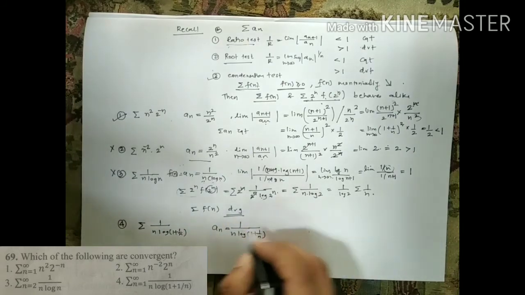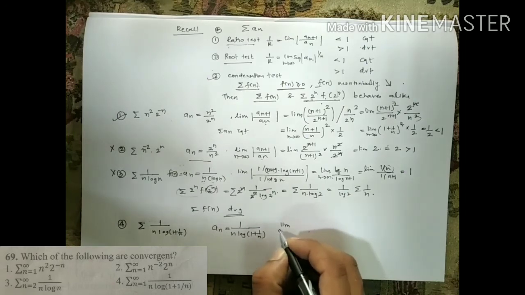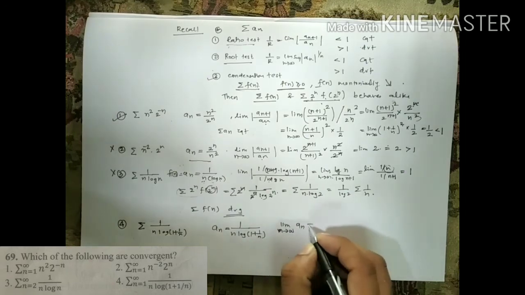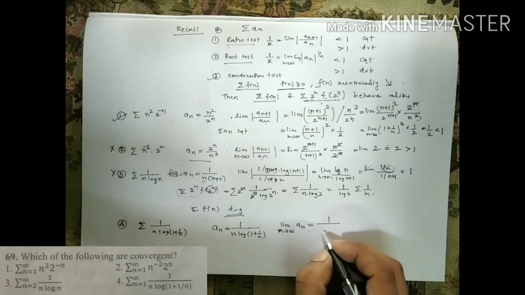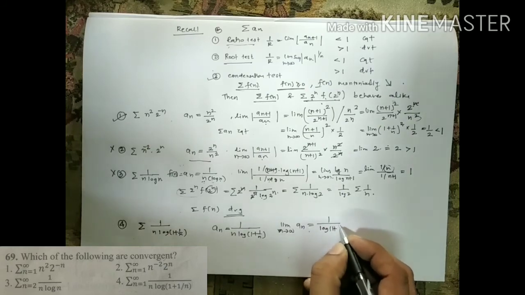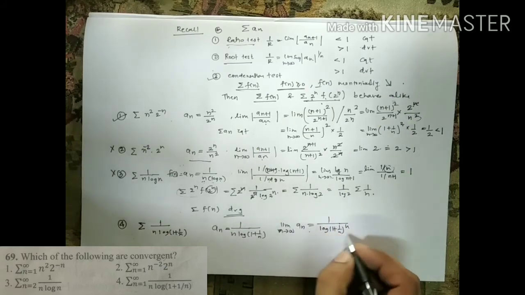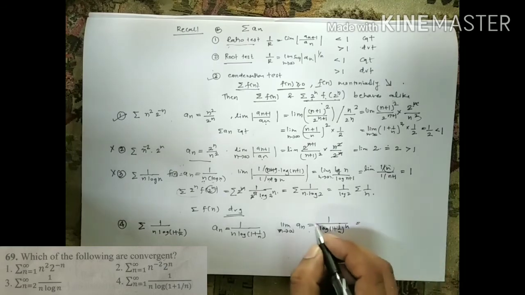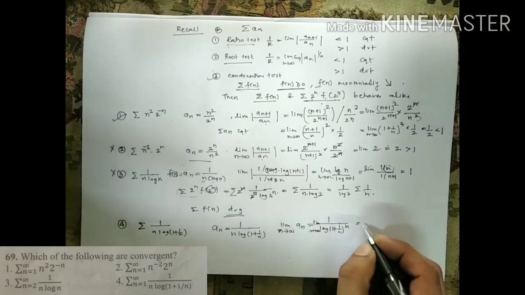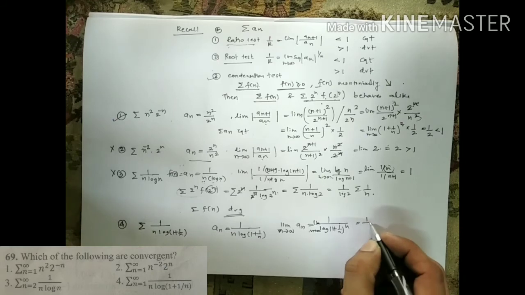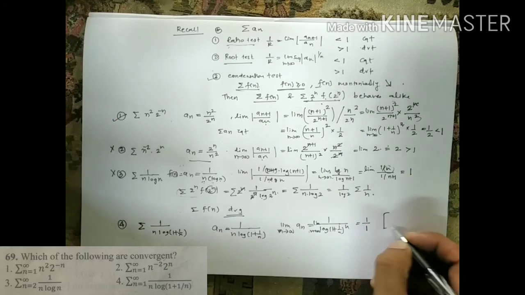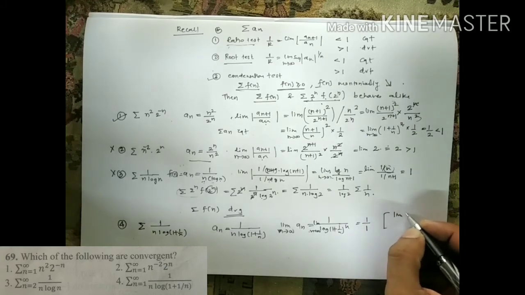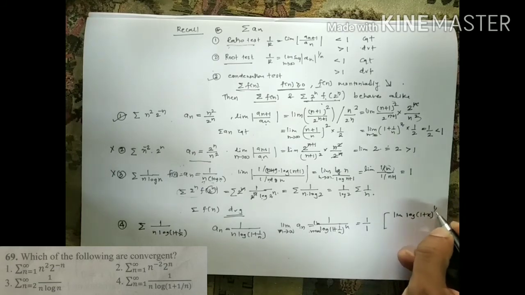But if you look carefully, limit n tends to infinity a(n): what is my limit? This n will go to the numerator, log(1 plus 1 by n) raised to n. And what is the limit of this function if I approach n towards infinity? This is nothing but 1. This is the formula: limit of log of (1 plus x) raised to 1 by x.